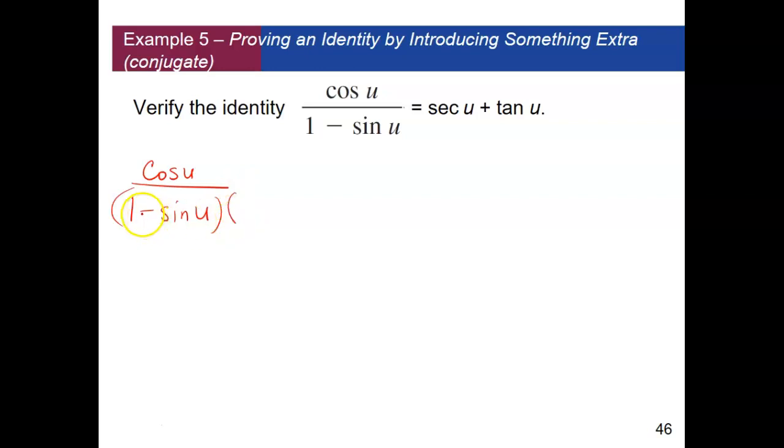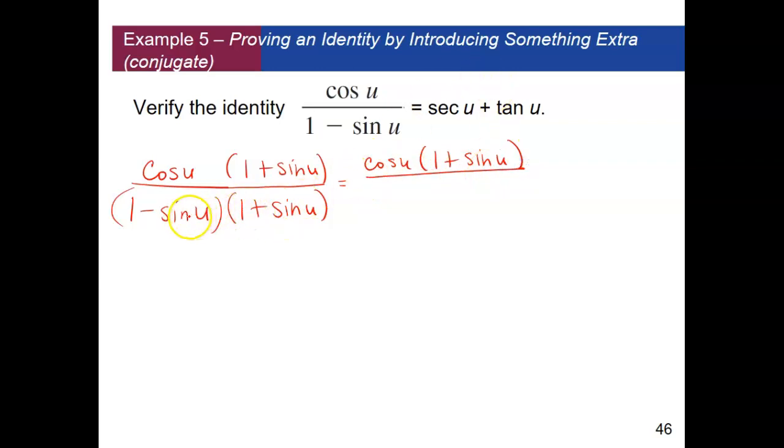You have to have a plus or minus here in order to do this conjugate. So the conjugate here would be 1 plus the sine of u. And I've got to also multiply the numerator by that as well. Okay, so here I'm going to have cosine of u times 1 plus sine of u.